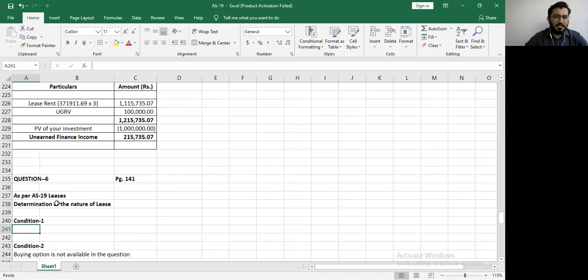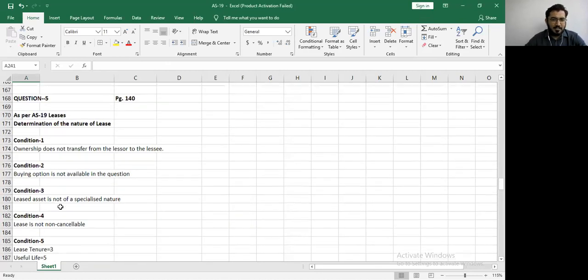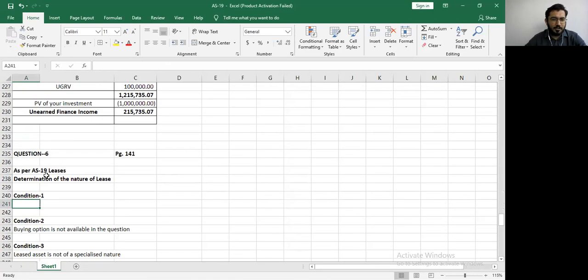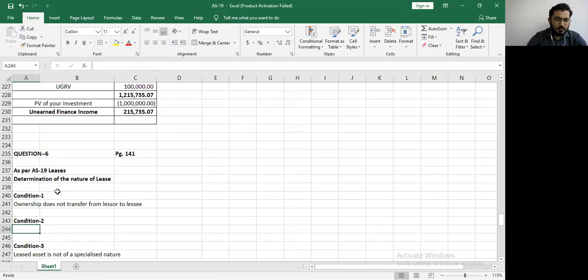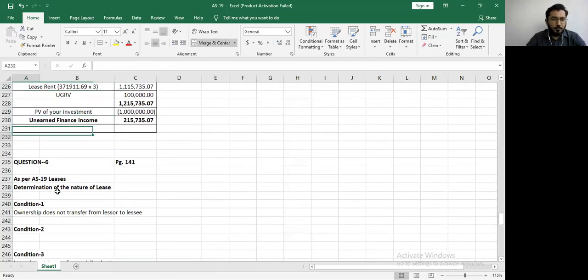So the first condition that does not get satisfied is ownership does not transfer from lessor to lessee. Please write ownership does not transfer from lessor to lessee.